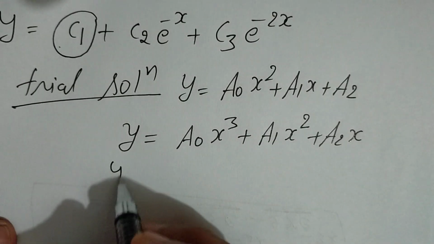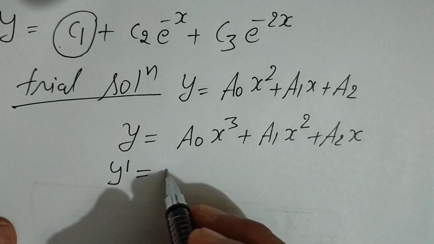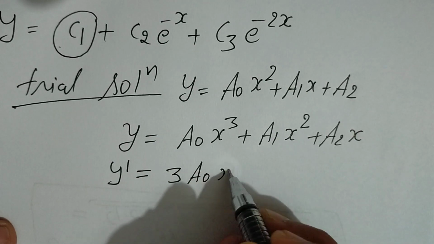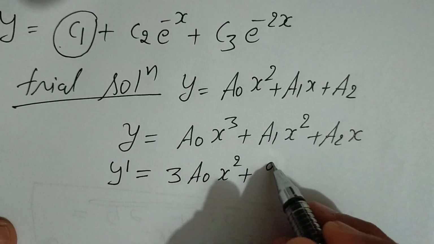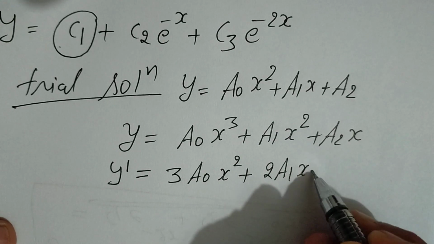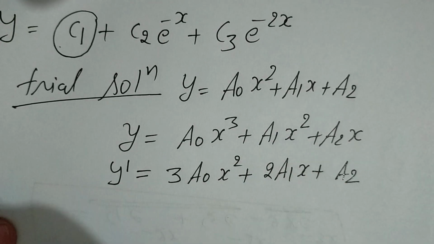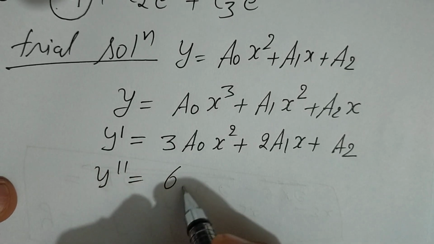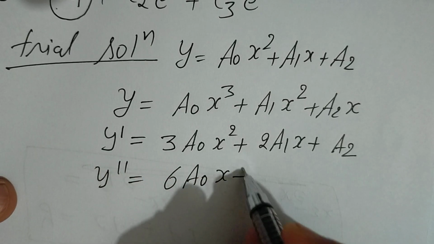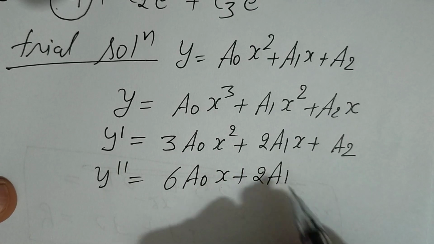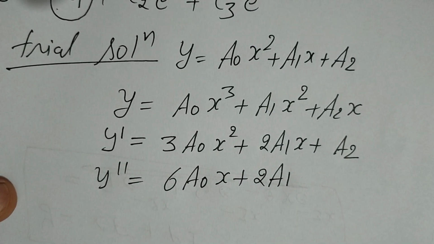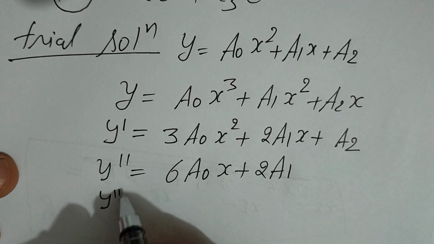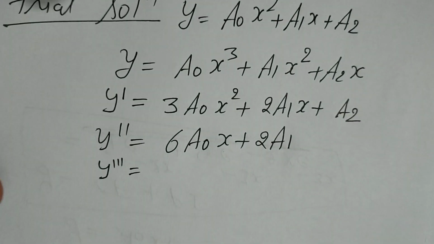So we find out the y dash. So y dash will be 3 a0 x square plus 2a1 x plus a2, and y double dash will be 6 a0 x plus 2a1. And y triple dash, we need y triple dash because this is a third order differential equation.